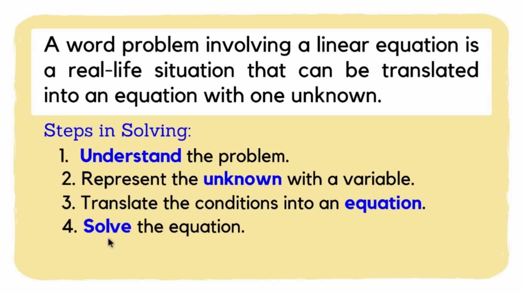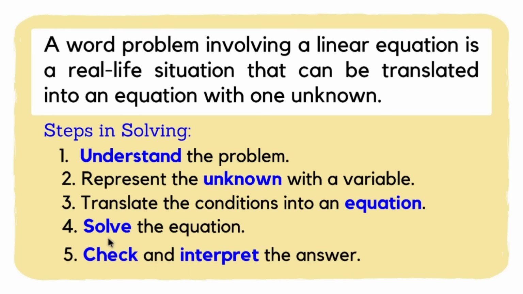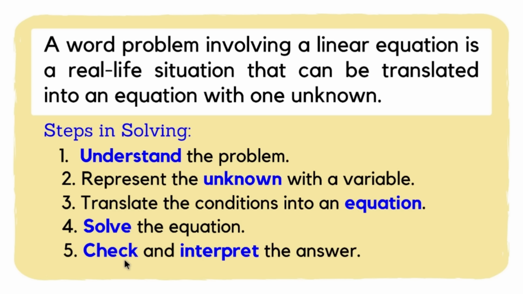So yes, yung fourth step natin is to solve the equation using yung mga methods na natutunan natin, which is yung properties of equality. And then number 5, of course, is to check. Okay, i-double check natin yung sagot. And then we will interpret the answer na tinatanong ng problem doon sa mismong word problem. Okay, kung ano yung tinatanong, yun ang kailangan nating sagutin at the end of the solution.